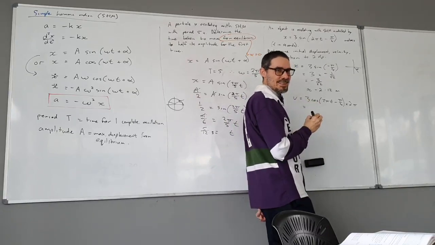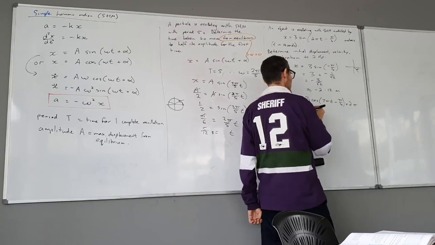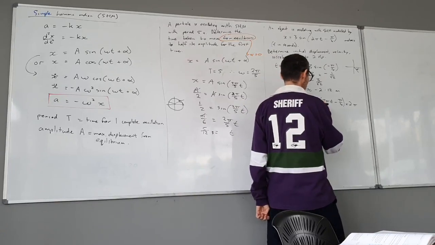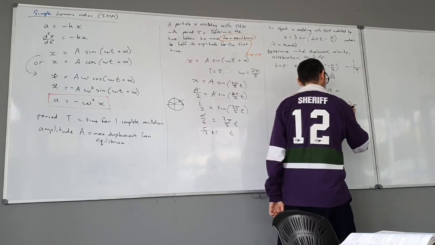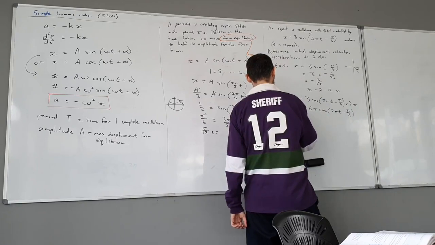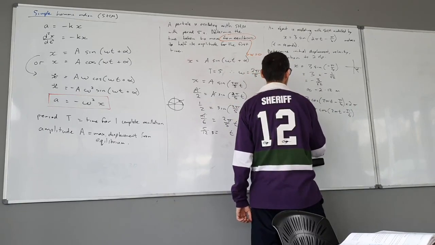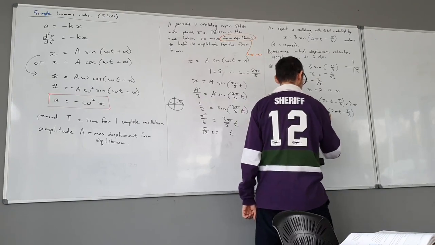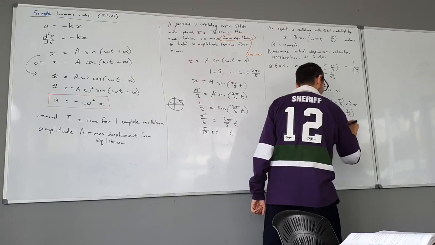Velocity is therefore going to be 6 pi cos of 2 pi t minus pi on 4. At t equals 0, velocity is 6 pi cos of negative pi on 4.